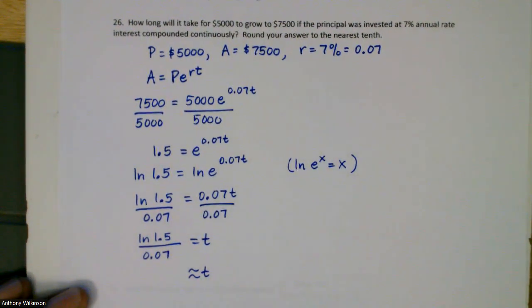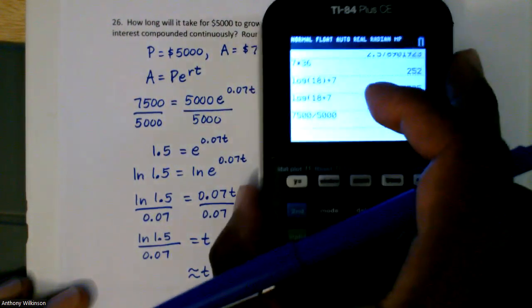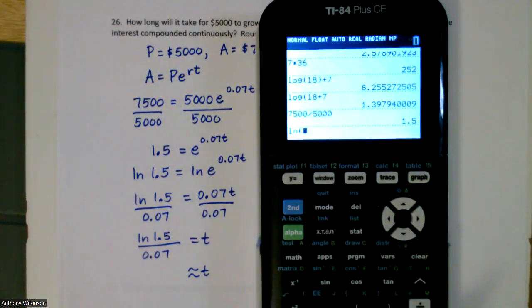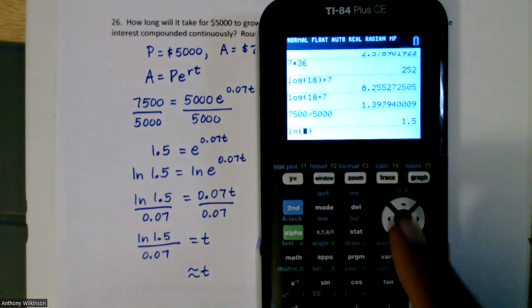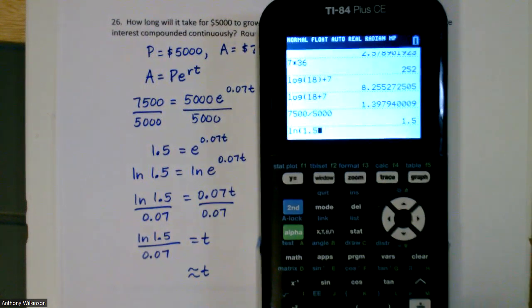But we need the approximate value to one decimal place. So in this case, I'm going to press the Ln key, and then type in 1.5, close your parentheses. Then that's going to be divided by 0.07.